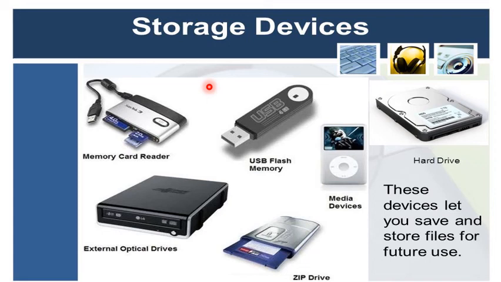That would be discussed in a separate chapter. Here you only have to memorize that these storage devices can store your data permanently. These devices let you save and store files for future use. We can keep our data or facts or information in these devices, and we can use it in the future.